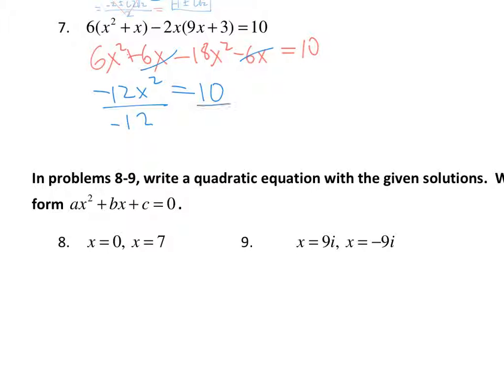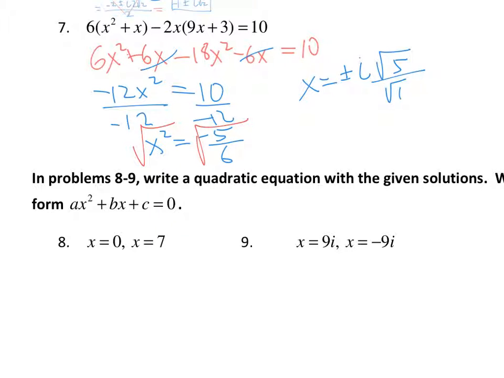-12, divide both sides by -12. x squared equals, this is going to simplify to -5/6. We'll just throw the negative upstairs. Let's square root this. And so we have x equals, we got a plus or minus. Now we got a negative, so we're going to have an i. We're going to have the square root of 5 over the square root of 6. We don't want to leave the square root of 6 down there.